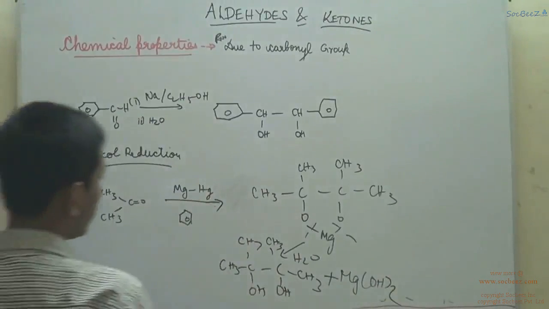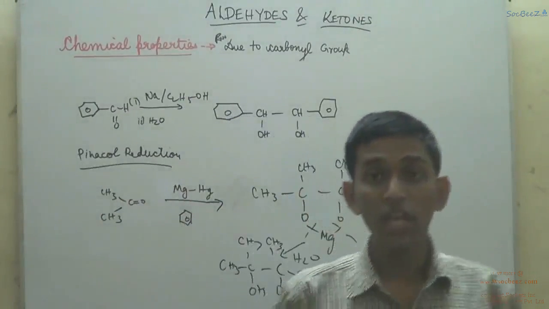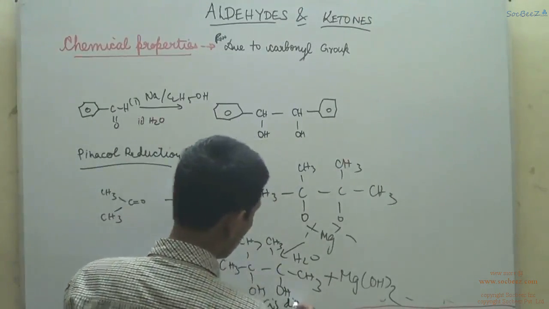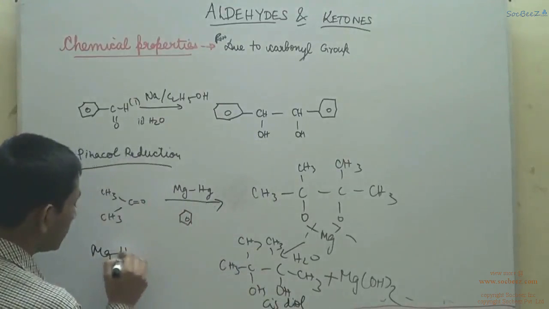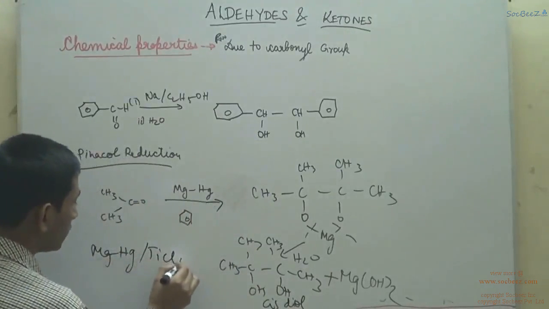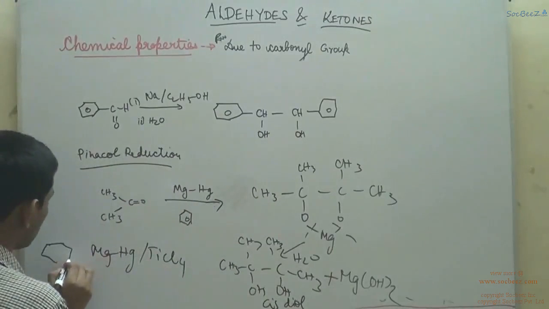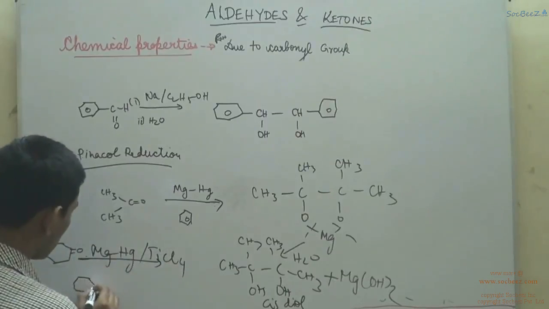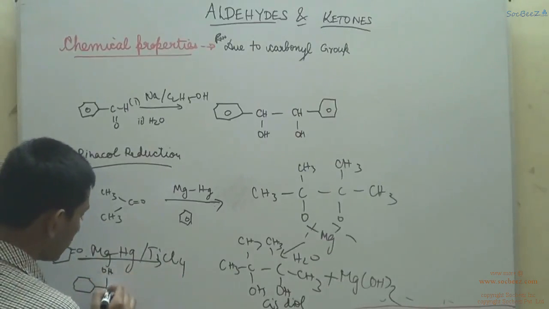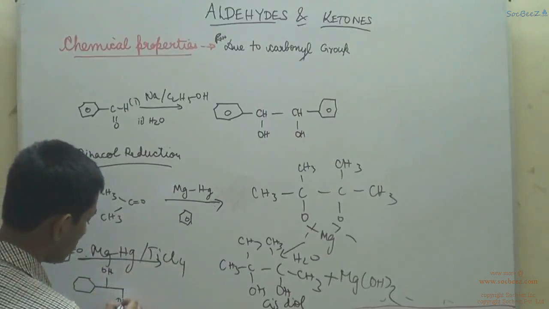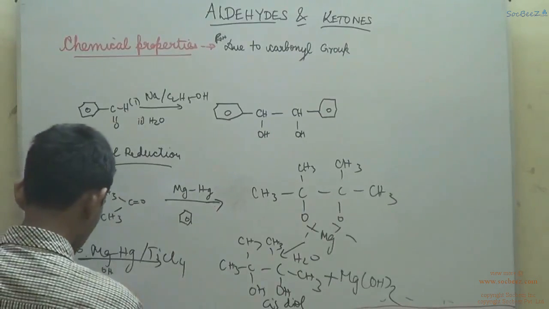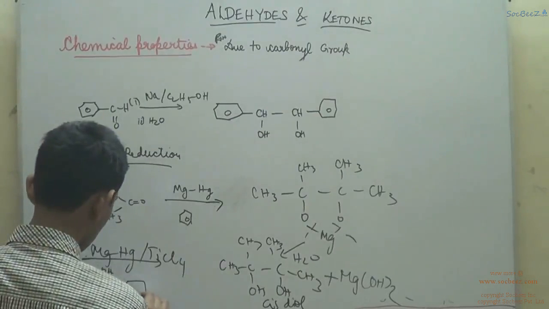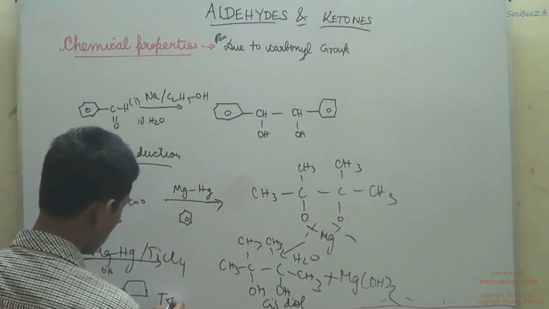Now, instead of MgHg and benzene, if you treat with MgHg in the presence of TiCl4, let's for example take this compound. If you treat with this, then you will get the trans-diol. That is OH here, OH here, so this is the trans-diol.